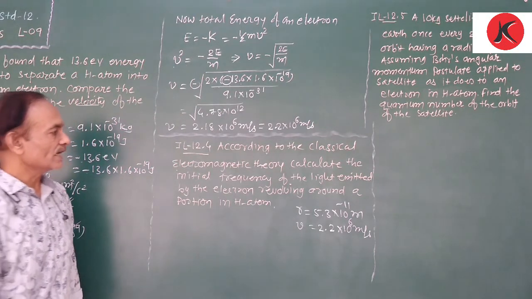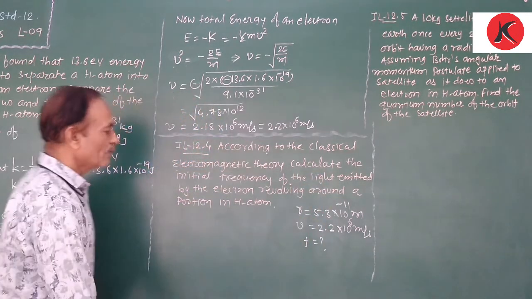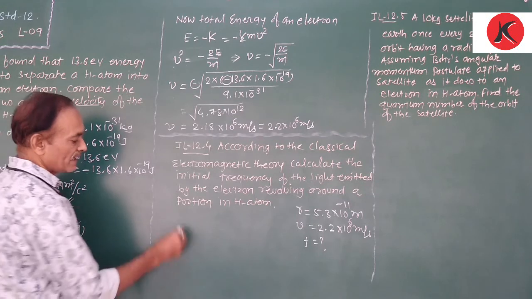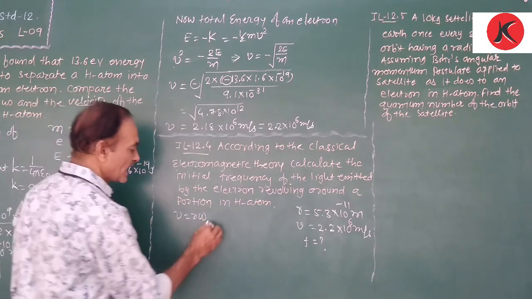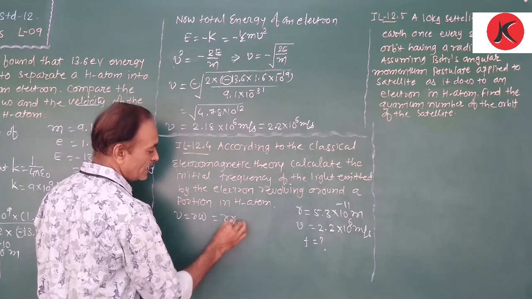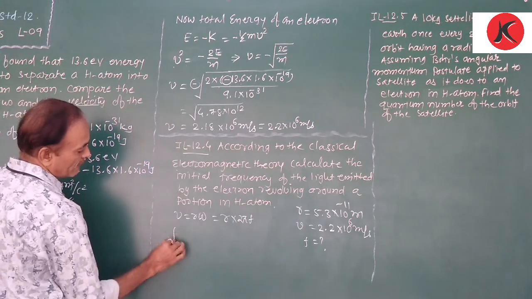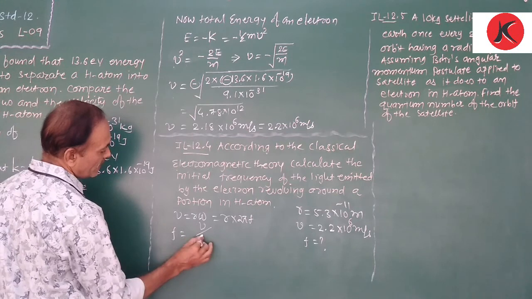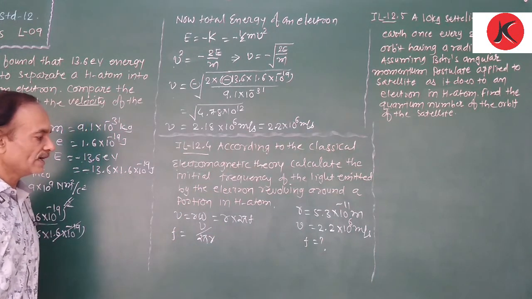We have to calculate the initial frequency here. Now we know the relation between linear speed and angular speed: v is equal to r omega, but omega is equal to 2 pi f. Therefore v is equal to r into 2 pi f. Therefore the frequency of rotation of the electron f is equal to v upon 2 pi r.